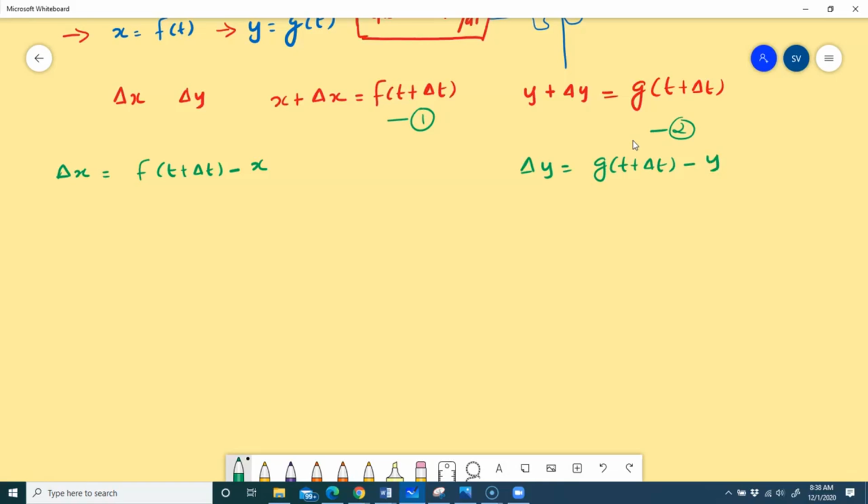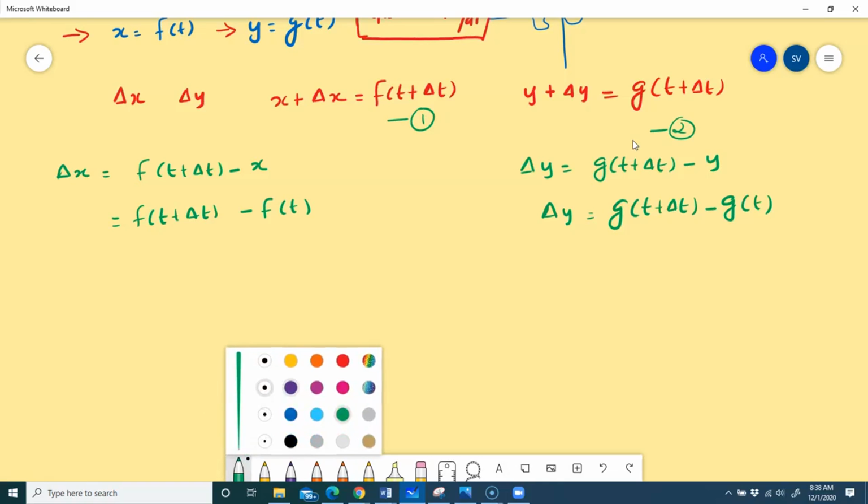We know what x and y are, so delta x is f of t plus delta t minus f of t, and delta y is equal to g of t plus delta t minus g of t. That's great. So we have delta x and delta y. Interesting.